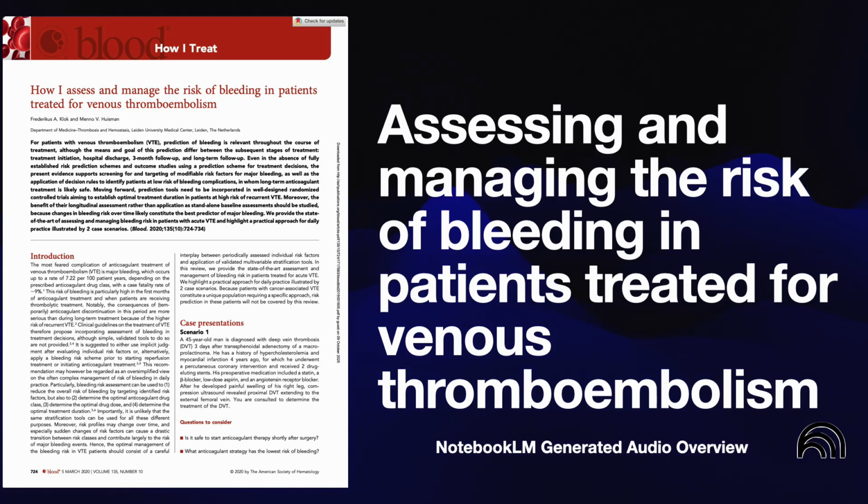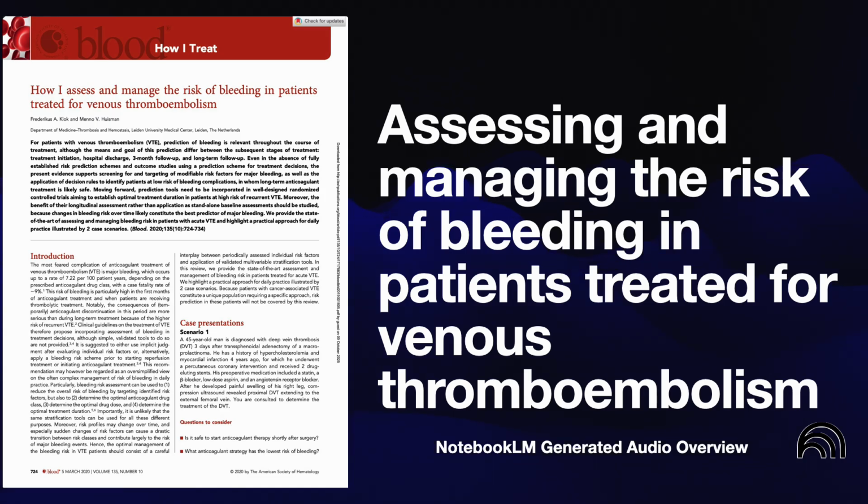So while the score might not be perfectly predictive for every single person, its real value is in standardizing that incredibly high-stakes decision. Absolutely. It gives us an objective way to quantify that risk and justifies looking at alternative strategies, maybe surgical removal of the clot or catheter-based treatments for patients who score very high on the PECH. Right. We need that objective measure before pulling the trigger on a therapy with such a high bleeding risk.